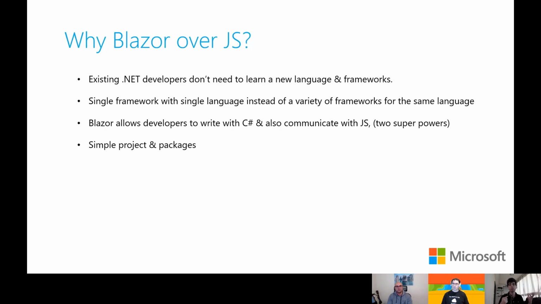So I don't see any reason why to switch to JavaScript and start dealing with that bunch of packages and those things. It was complicated for me. I don't like it. This is from my personal perspective, and I think every .NET developer had the same opinion. This is one thing. So for an existing .NET developer, you can just take advantage of your capabilities and go ahead, build those awesome apps.